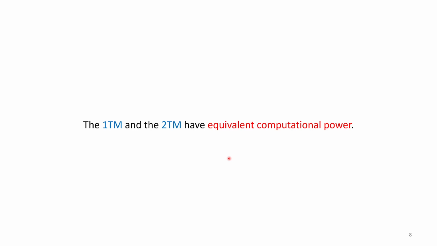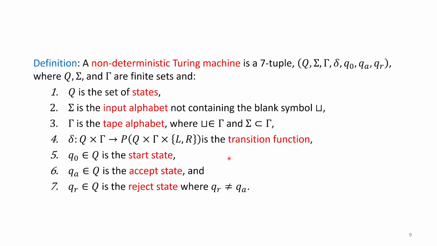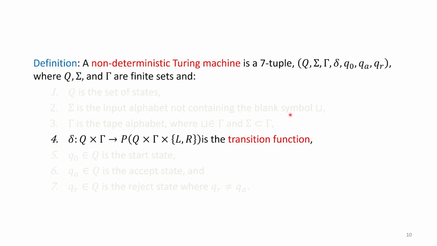So with that, I want to define another model, and that's going to be our non-deterministic Turing machine. This is different than the deterministic one that we've defined, although a lot of the definition is exactly the same. So I will only highlight the key part that has changed, and that is the change in the transition function.